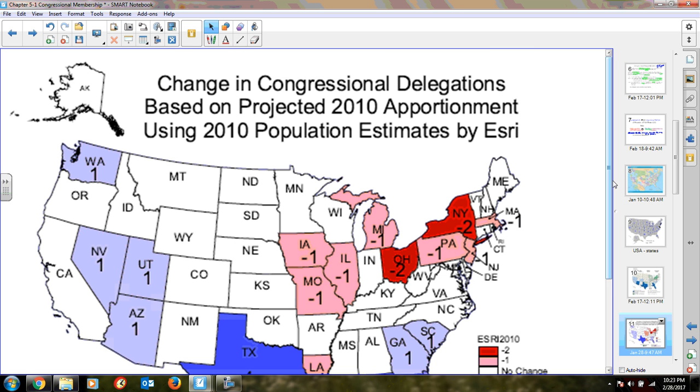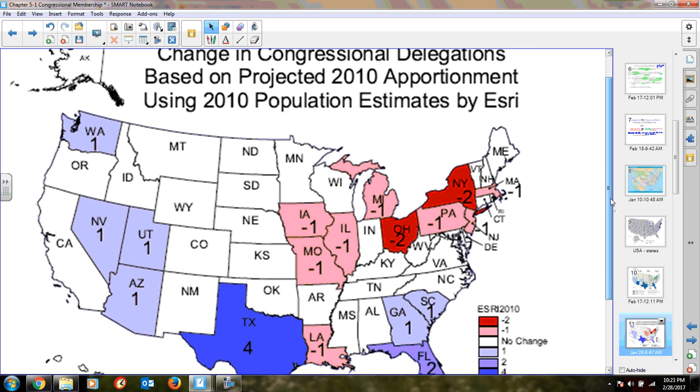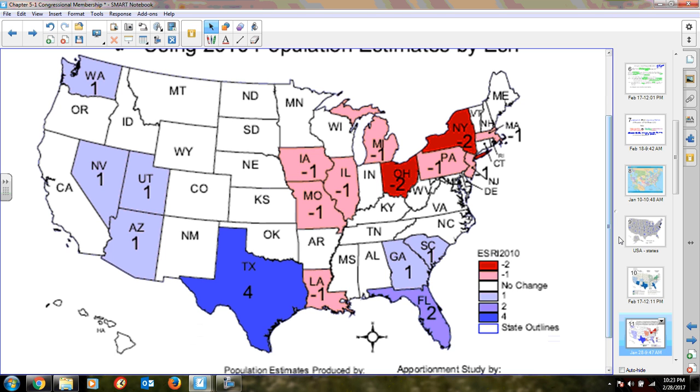Okay? If we look at the census of 2010, we really can see the change. In the Midwest there and in the North, look at New York and Ohio keep losing population. People are getting older, and guess what they're doing? They are moving south. They're either moving this way or they're moving this way.